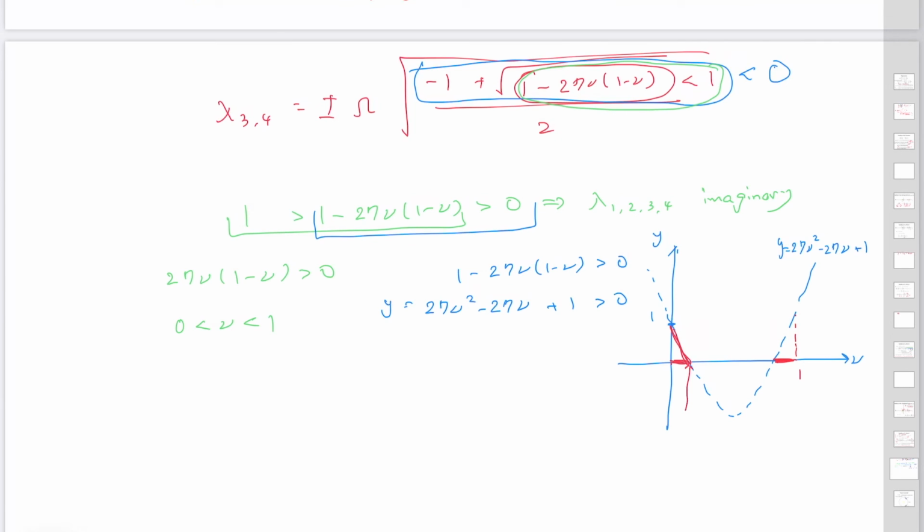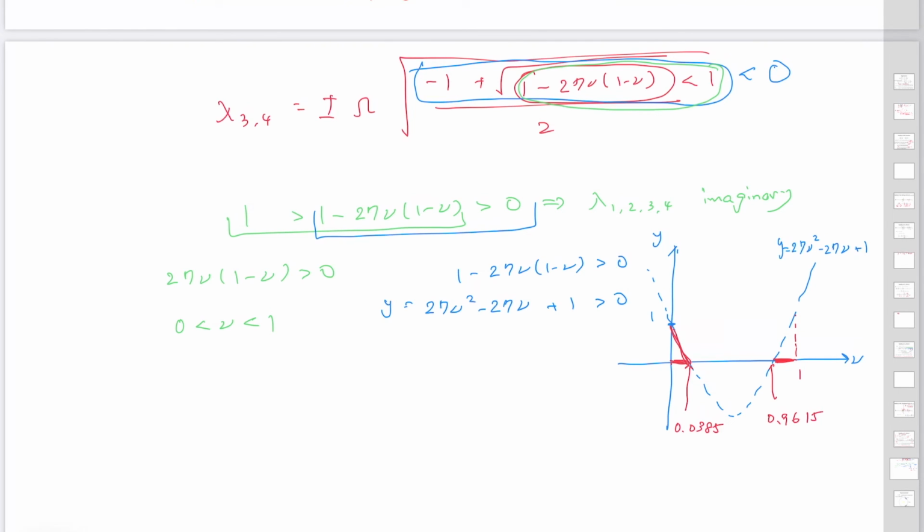So this coordinate is 0.0385. This point is 0.9615.